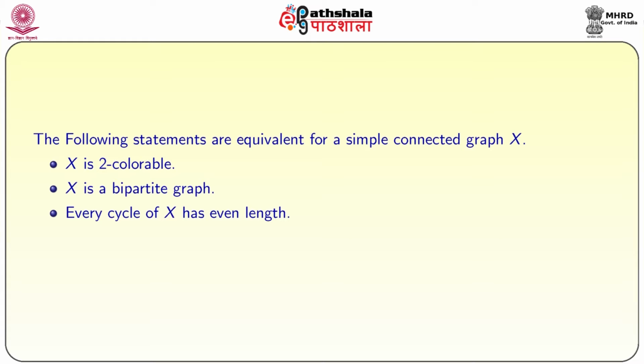So, we can give the same color to V1 and another color to the other set. So, two colors are sufficient to color a bipartite graph. Again, if a graph is two-colorable, we are using only two colors for the coloring, then it is easy to see that the vertices of one color versus the other color give the bipartition of the graph X.